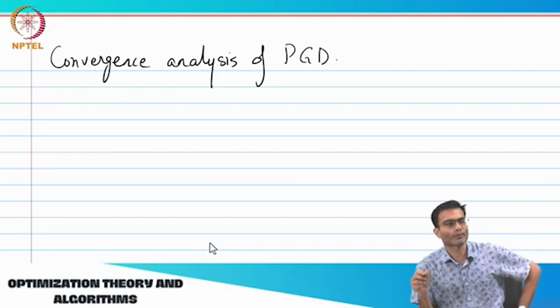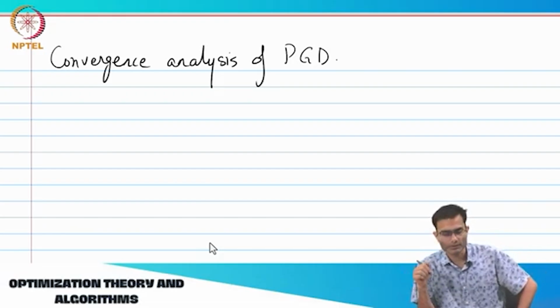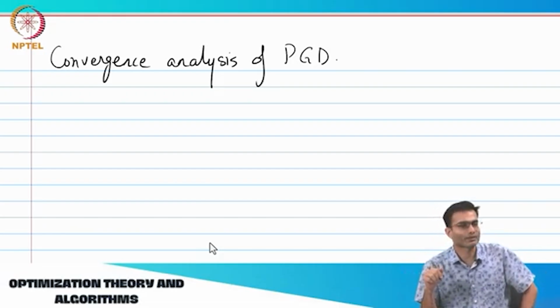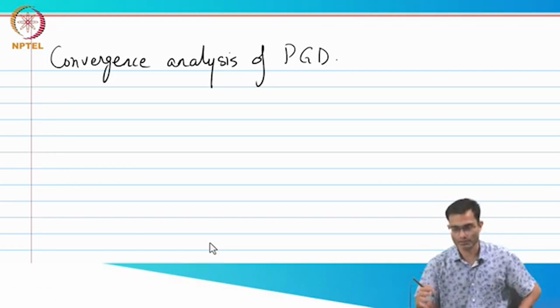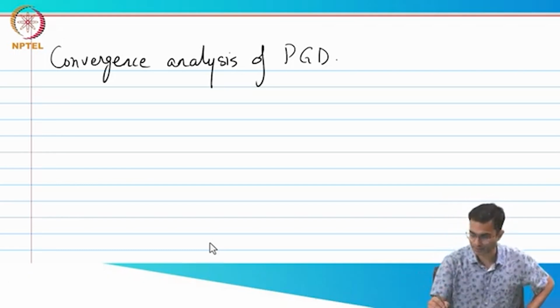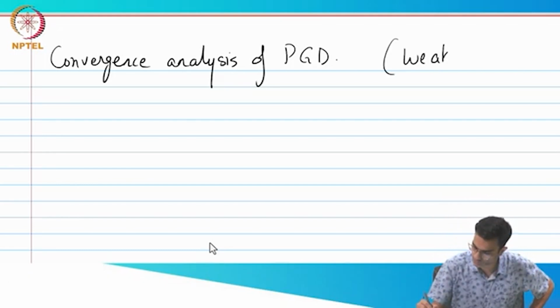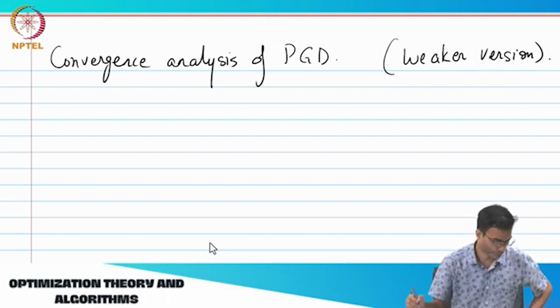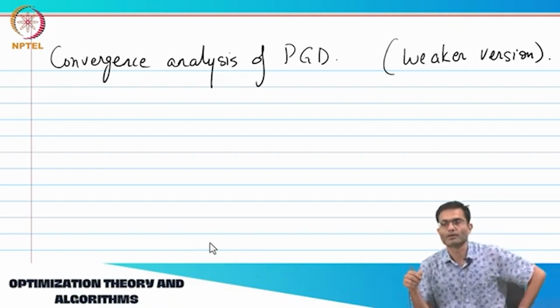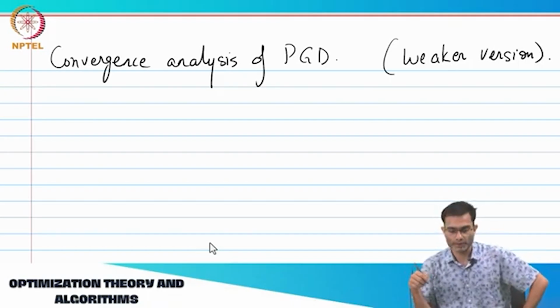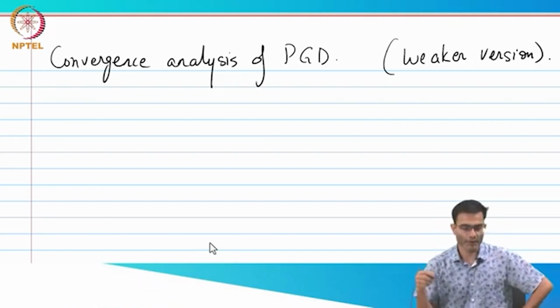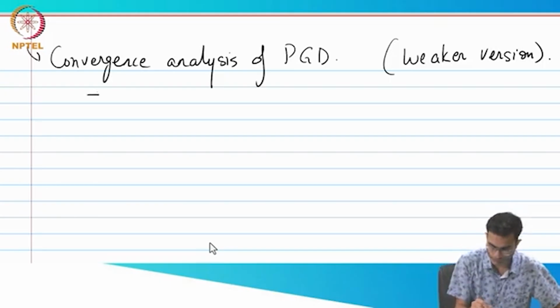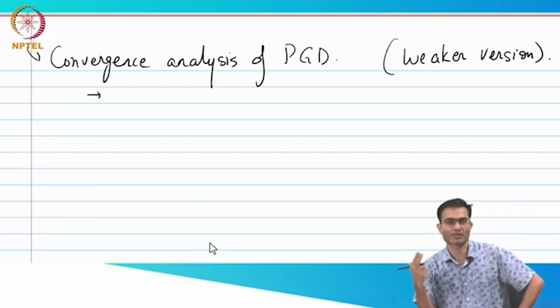Now I'm going to make a little bit of a relaxation over here. I'm going to prove a slightly weaker version of it, just so that the proof is simple enough to understand. My starting point is obviously gradient descent plus projection.